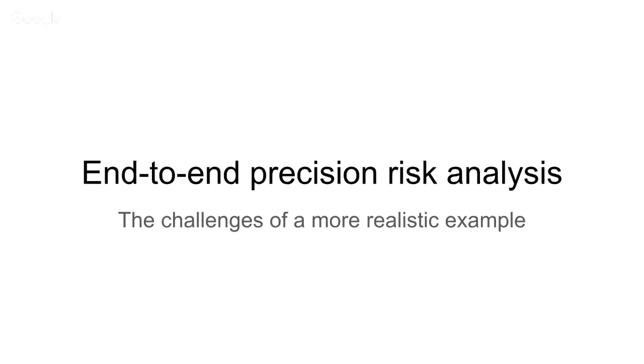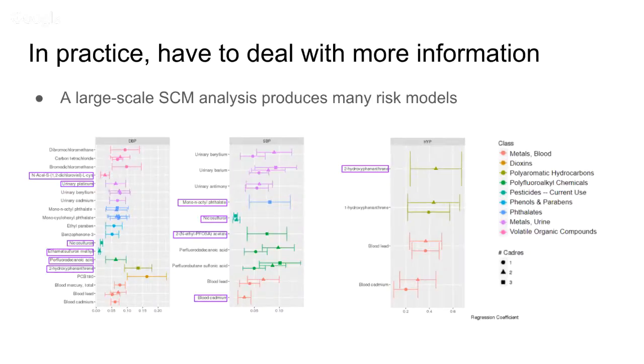So now we're going to work with the actual paper we have and say, okay, with the results we got, what would we need to represent them and model them and understand them properly? In practice, there's a lot more information than in this example, because you have a very large number of potential risk factors, and for each risk factor you have a separate cadre model, which yields a separate set of subpopulations, and then you train a risk model on each of those subpopulations.